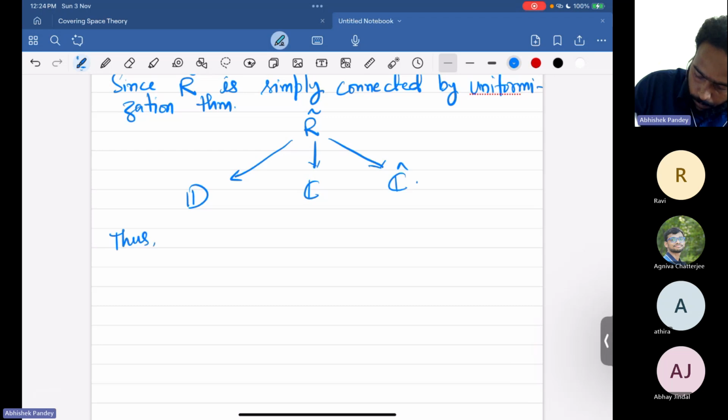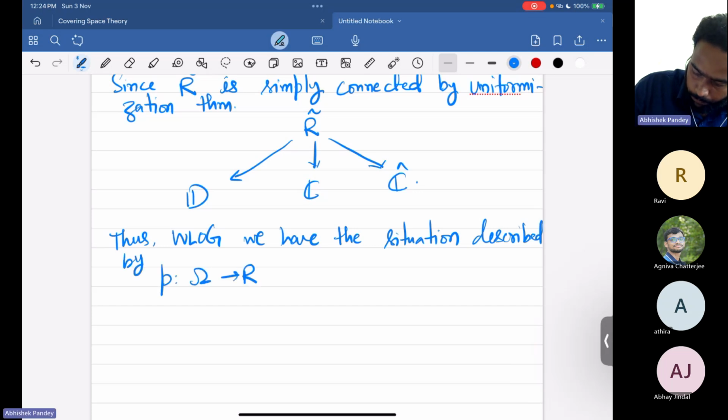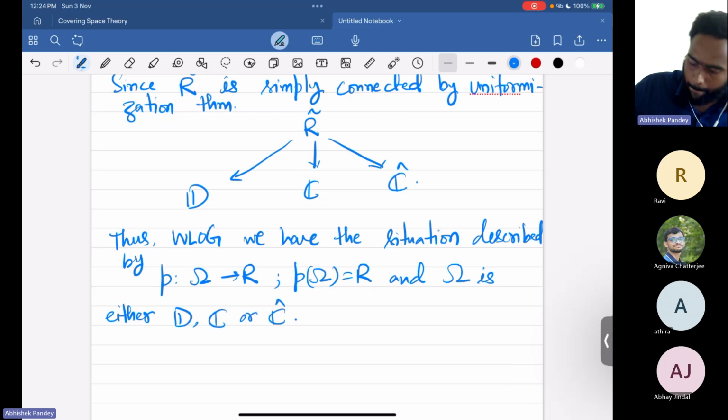Thus, without loss of generality, we have this situation described by P from omega to R, where obviously P of omega is R, and omega is either the unit disk, the complex plane, or the extended complex plane.